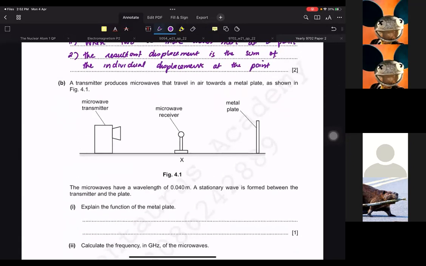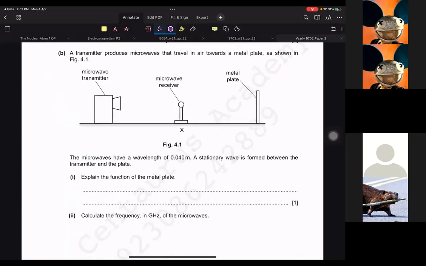Now, there's a metal plate. We have already done this experiment. So if you want to view it again, go back to the notes or the recording. It says the microwaves have this, and so on. Anyway, explain the function of the metal plate. So of course, the metal plate is there for reflection. So we're going to write it is a reflector of the wave.